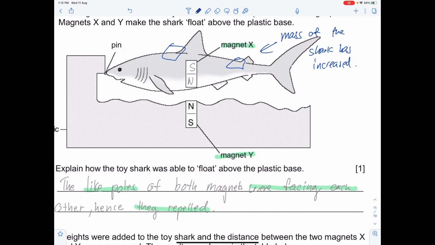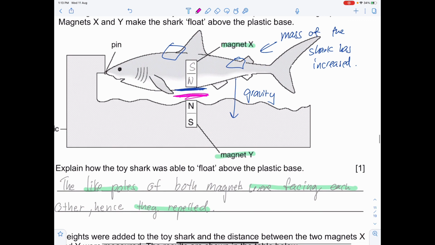Because it has increased, the gravitational force acting on the shark will also have increased, because a greater mass leads to a greater gravitational force. So gravity is pulling the shark downwards. At first it is at this level here. After you add in the mass, it will go further down, and your new level may be somewhere here. So your shark lowers a bit.